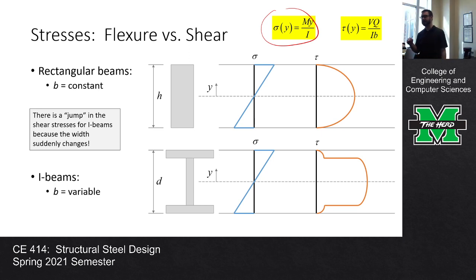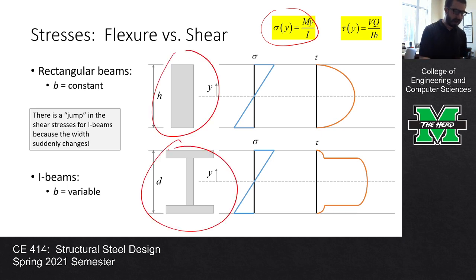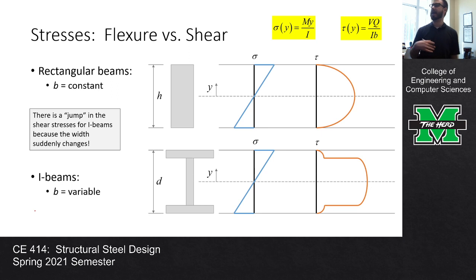At the centroid, the stresses are 0, and then they increase from there. The important thing to keep in mind about sigma equals My over I is that that concept doesn't change if you're looking at a rectangular beam or an I-beam. It doesn't matter. It's always going to be the same stress distribution.